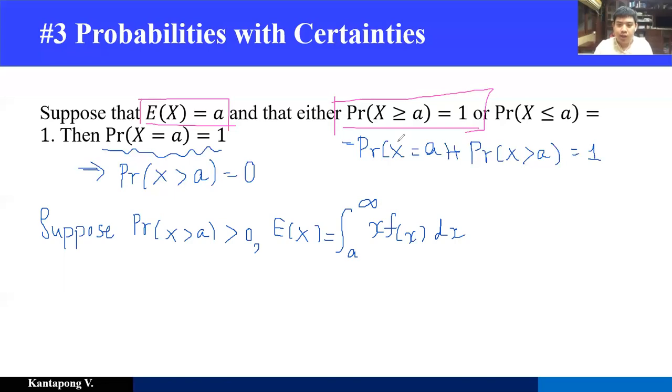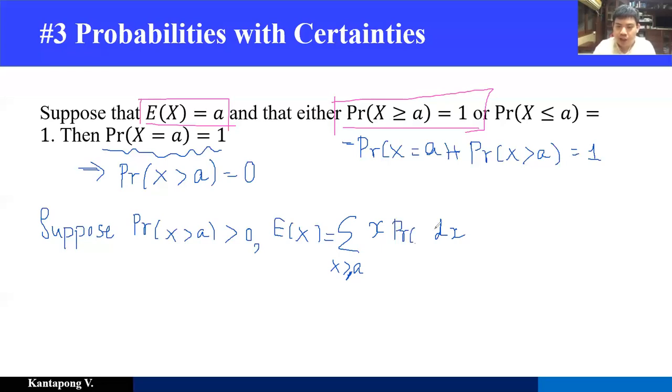Let's say the sum. I think the sum is easier to think about, and we have to change the notation to write the problem, but the concept is the same.